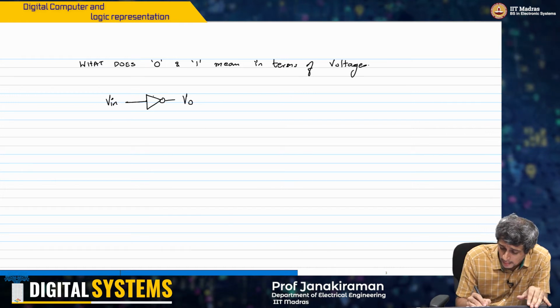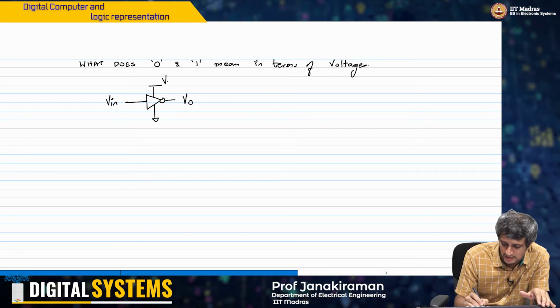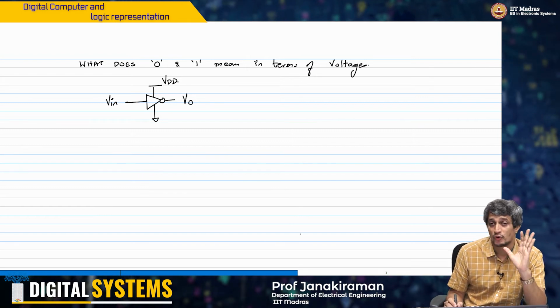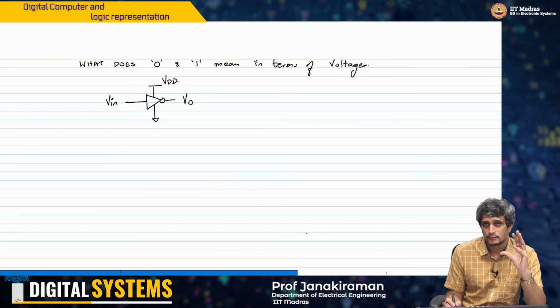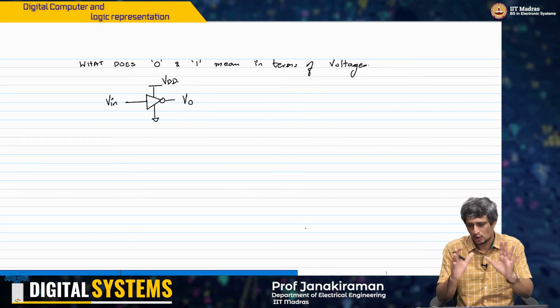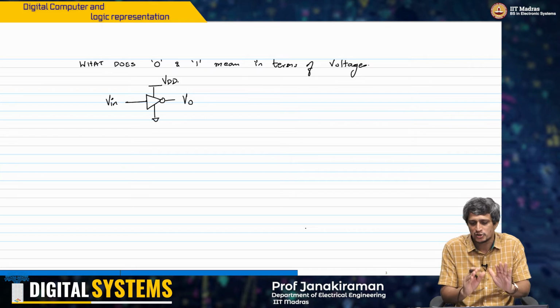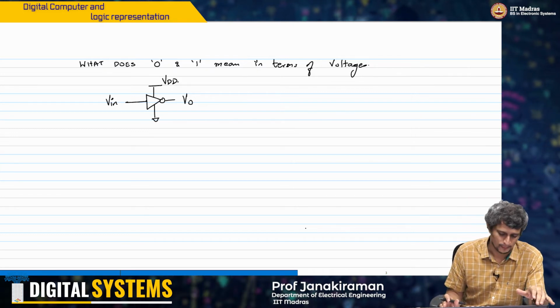Remember, even though the input and the output have their own voltages, you have to give a supply to this inverter if this has to work correctly. That's because the transistors internally need their power, their current and all that. So you have a separate power supply that needs to be given to all these digital ICs if you want them to work correctly.